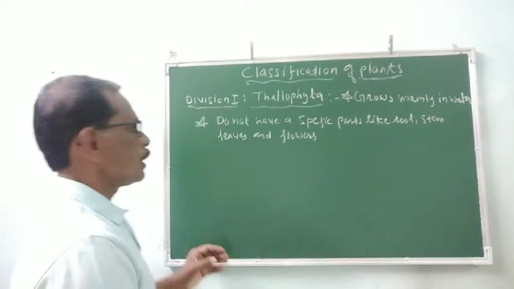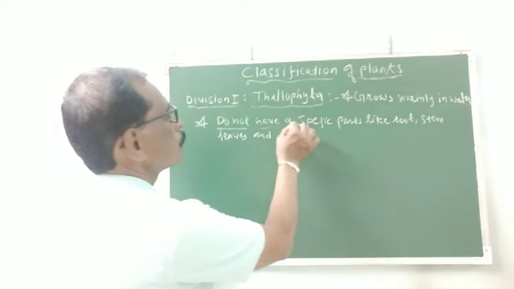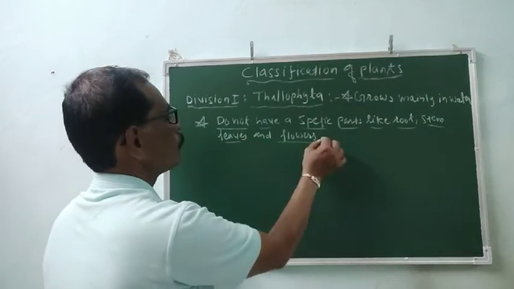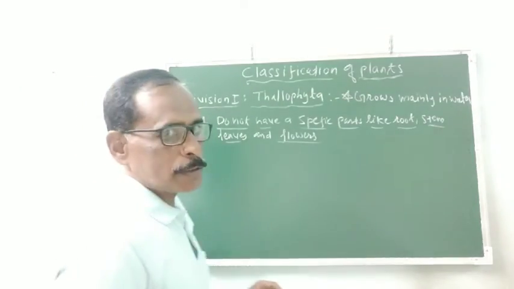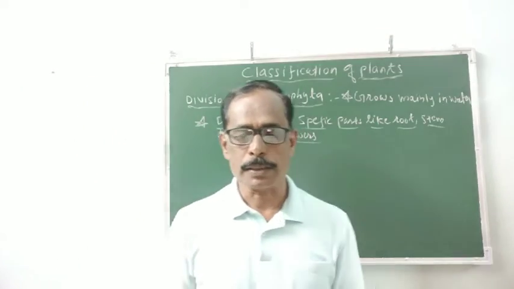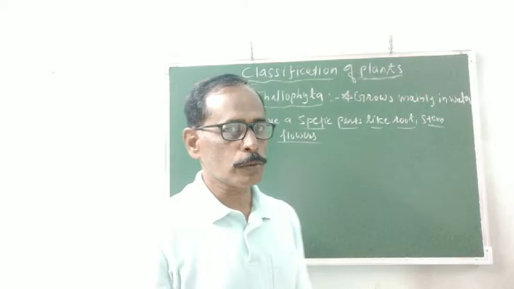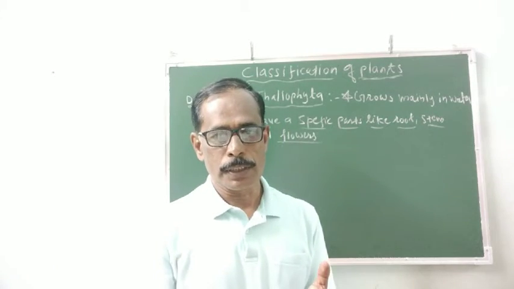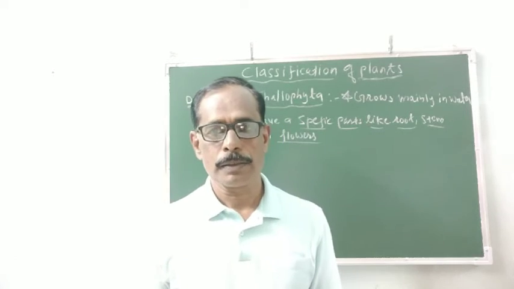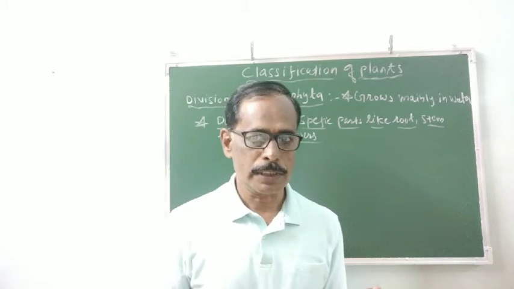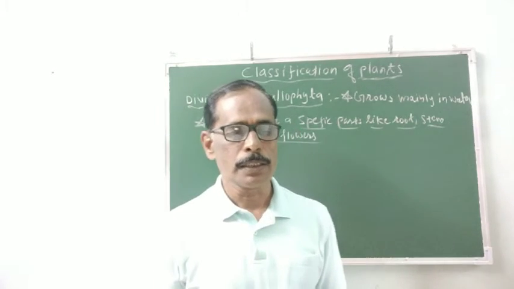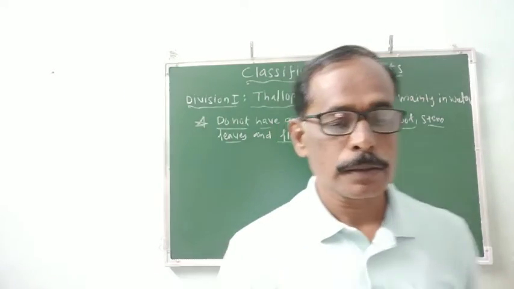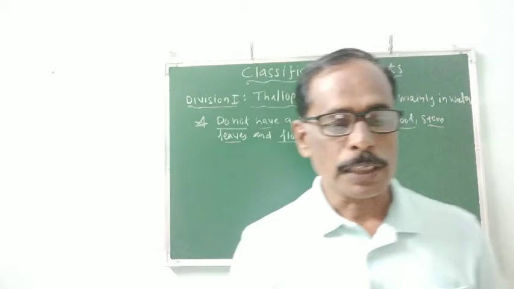They do not have specific parts like roots, stems, leaves and flowers. Thallophytes do not have this type of specific parts, and they mainly grow in fresh or saline water.